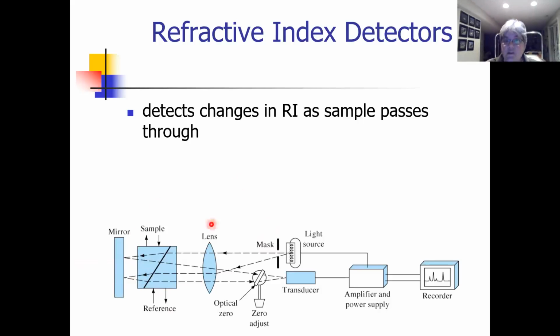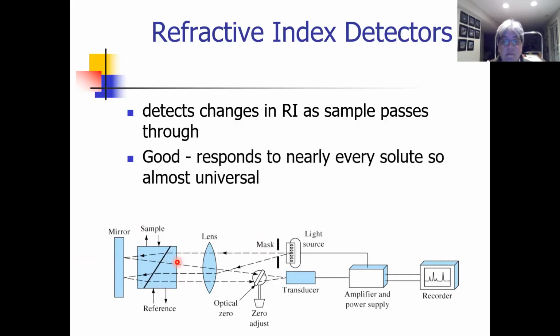So it will detect your sample as it passes through. Now, this detector will respond to everything. So this is a bulk property detector, okay? And that's one good thing about this is it responds to everything. So it's almost a universal detector, which is, of course, what we always want, to respond to everything.